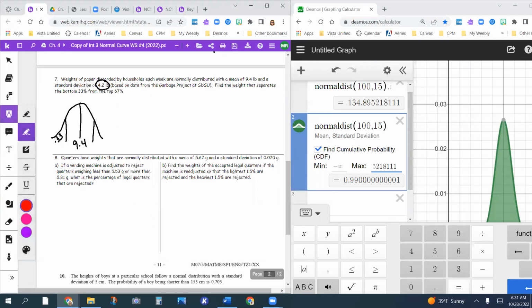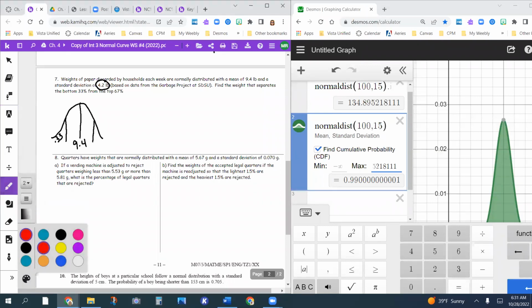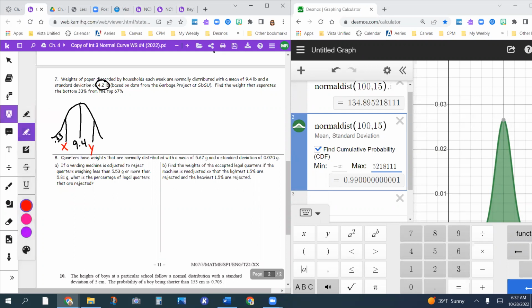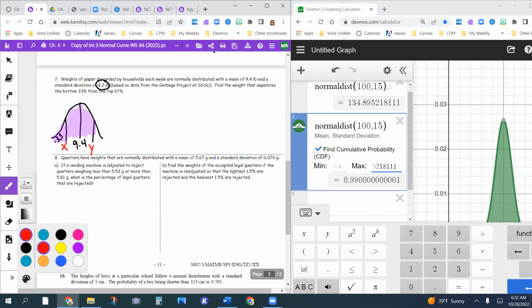So I won't need to find the score here. That's going to be the bottom, where the bottom 33% is. And then I'll just call this one Y, where going from here to here is going to be 67%, which is going to be on the other side of the mean.